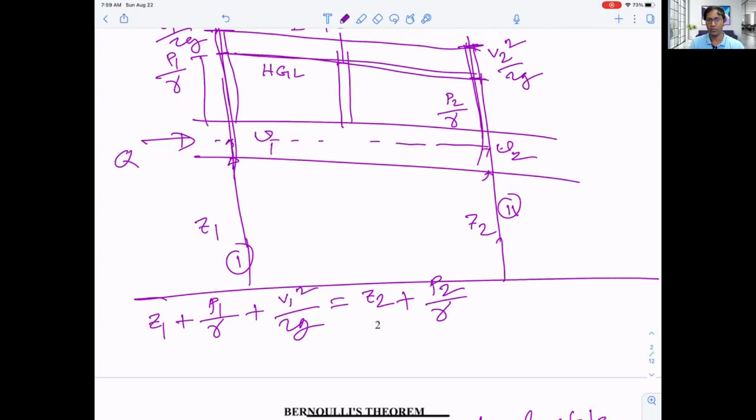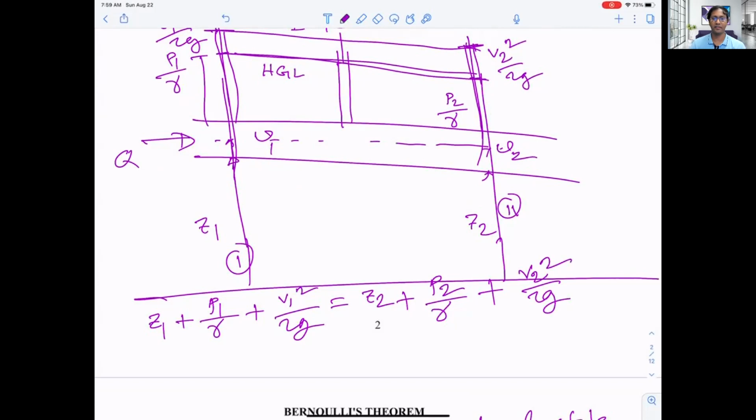Since it is the same water, we're not changing. Water is not changing in density and everything within this section. We're considering that, and it is not possible to change if we don't change any other condition as well. So now it's plus V2 square divided by twice g. So this is the Bernoulli's equation for two sections, right?